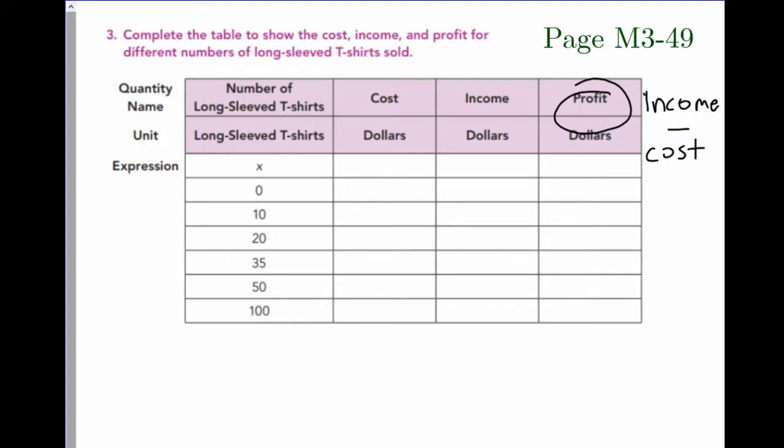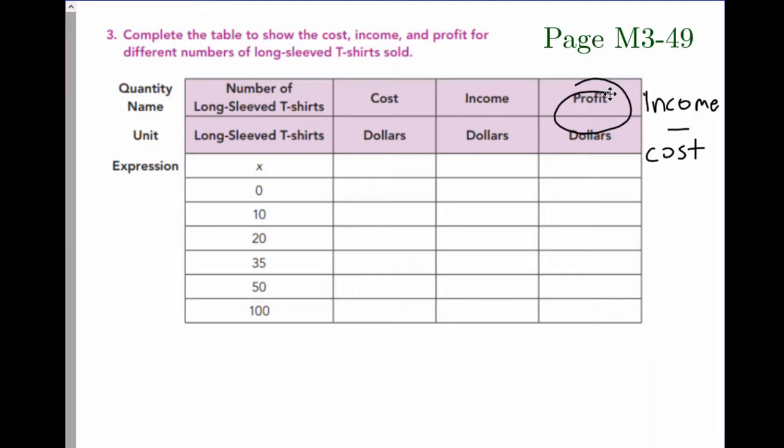Ideally we want the income to be more than the cost, so that's why it comes first. If our income is more than our cost, we're going to end with a positive number. But if our cost is more than our income and we subtract it, we're going to end up in the negatives, which is what we don't want. We want to make money. We want to have a profit.